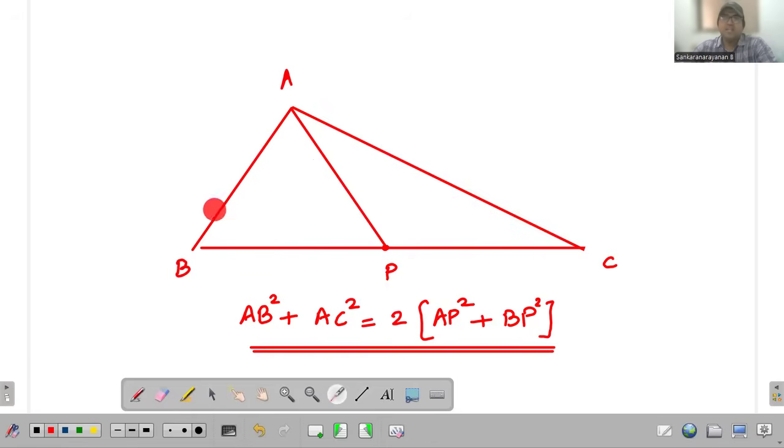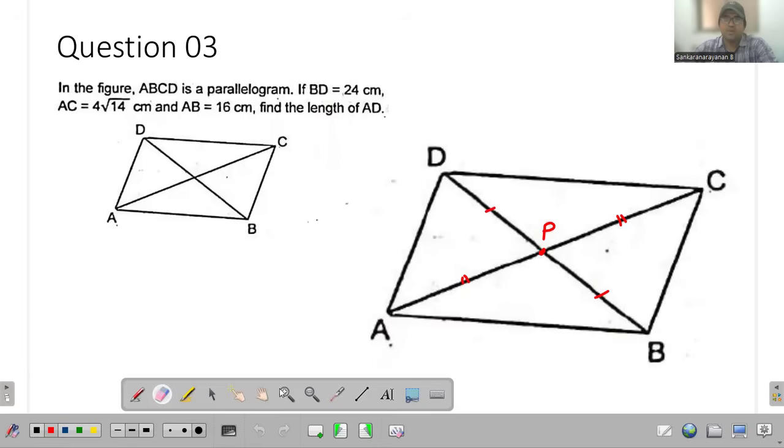Apollonius theorem says AB square plus AC square is equal to 2 times the median from A, that is AP square plus this BP square. This BP and PC are equal, because P is exactly halfway on BC. So this theorem, the Apollonius theorem, we will be using for solving our question.